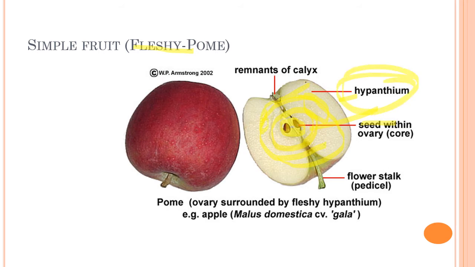The hypanthium develops from the flower, not from the fruit, not from the ovary. So a pome fruit is the ovary surrounded by what? By a fleshy hypanthium. This is where the ovary is, and that's why we call this hypanthium. This is an apple.